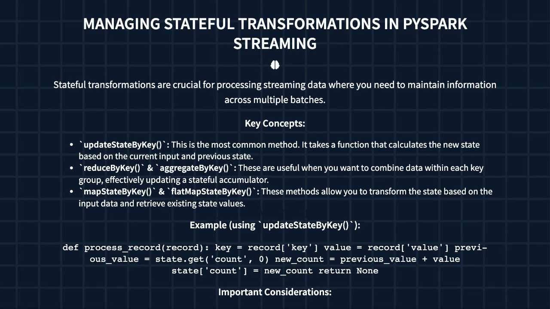Update state by key is probably the most frequently used. It lets you define a function that calculates the new state based on the current record and what you already know. Then there are methods like reduce by key and aggregate by key, which allow us to combine data associated with each key, updating an accumulator, and functions like map state by key and flat map state by key that let us transform existing state values.